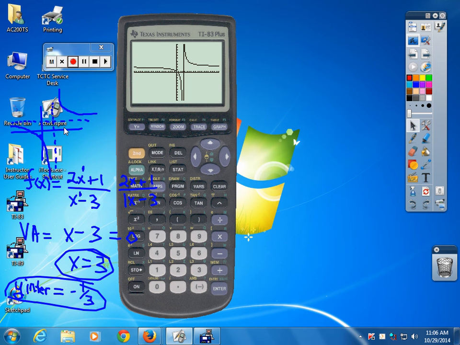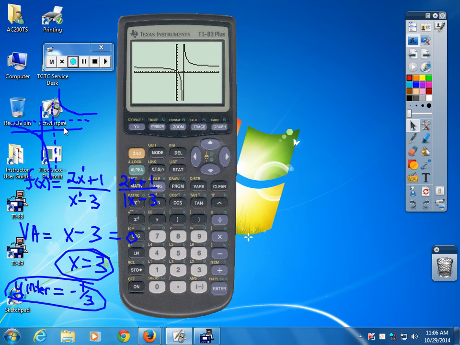What's the domain of this function? Well, the domain is from negative infinity to what? Where's the vertical asymptote? x is equal to 3. So negative infinity to 3, does it touch 3? No. And then from 3 to what?